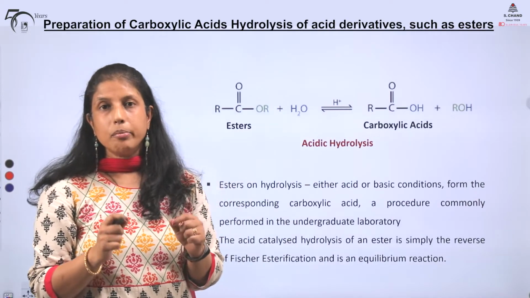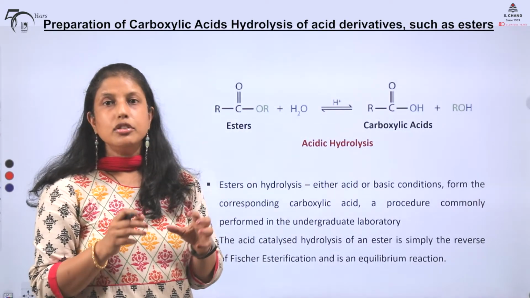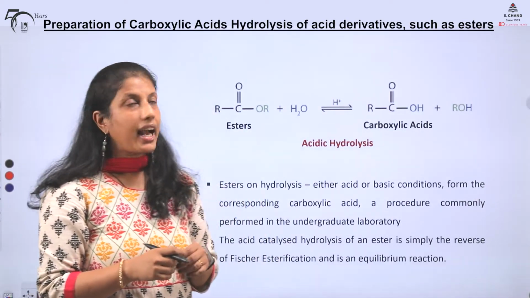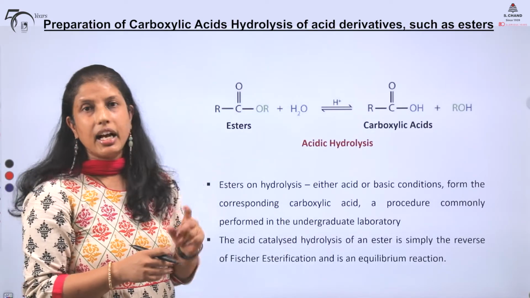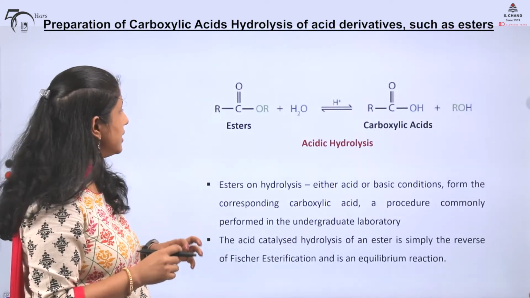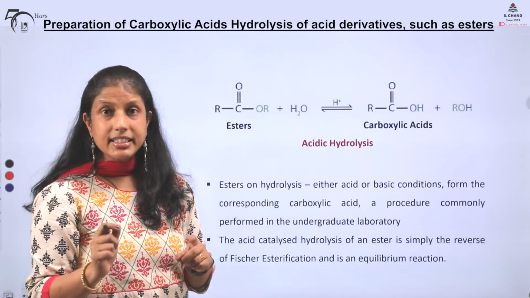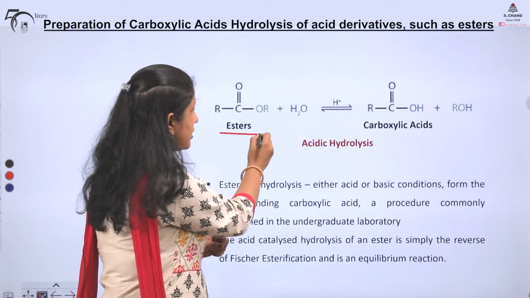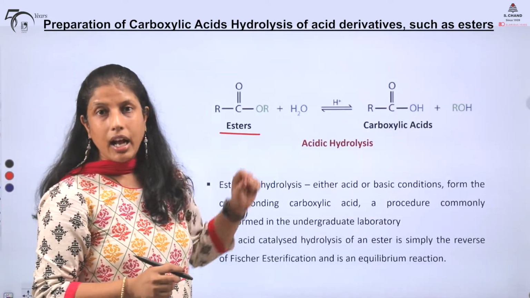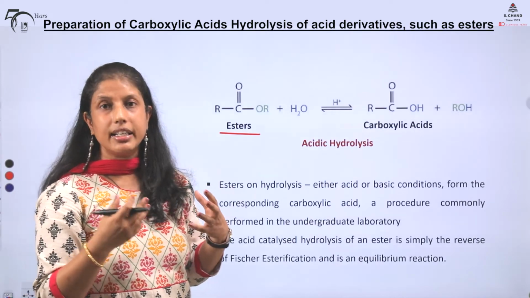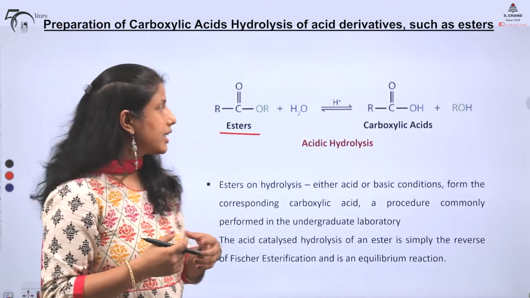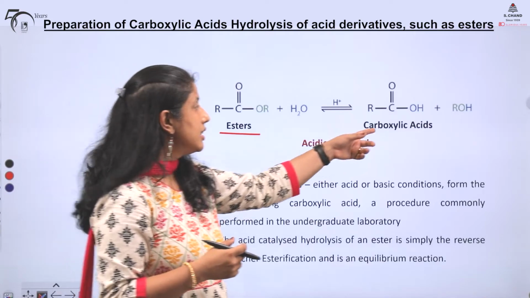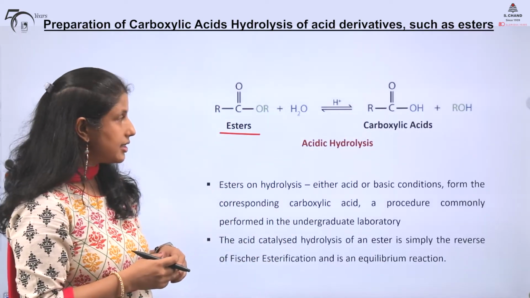Finally, one of the most important ways to synthesize the carboxylic acids is by the hydrolysis of acid derivatives. So, acid derivatives like esters on hydrolysis, either in an acidic or a basic condition, give us the carboxylic acids.